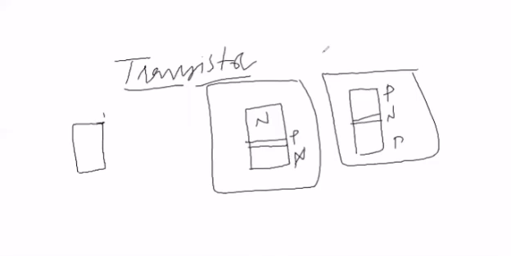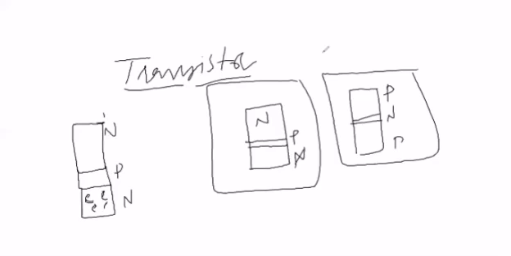Okay, and we sandwich a P type material in between two N type materials. So this is P type material, this is N type material, and this is also N type material. You know that in N type there are a large number of electrons.